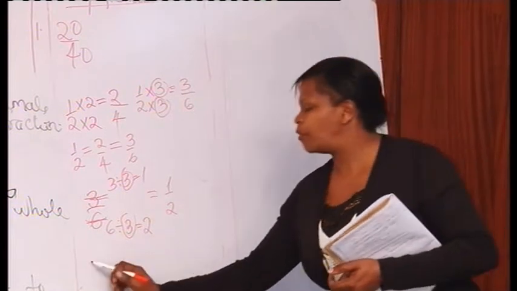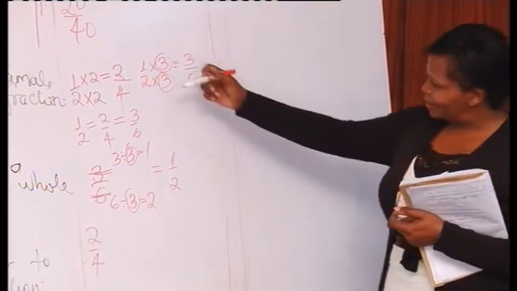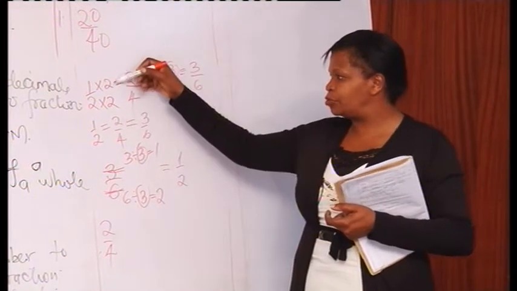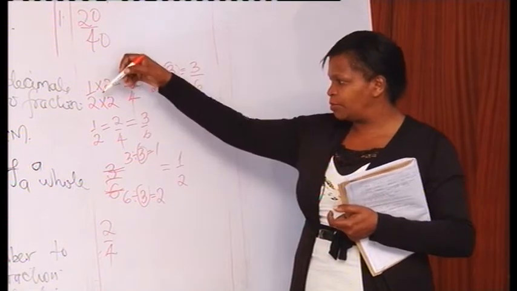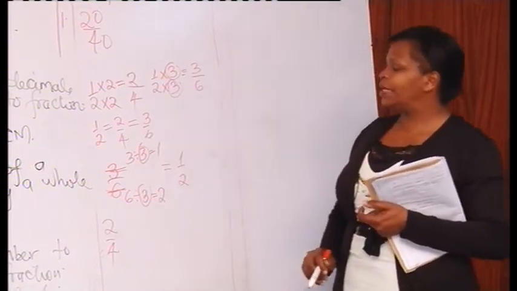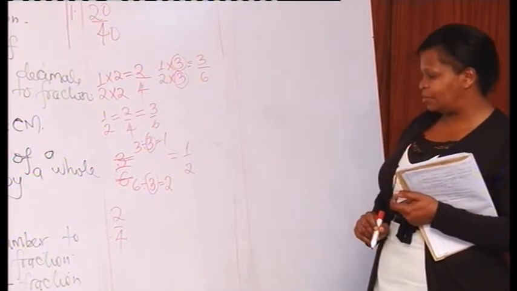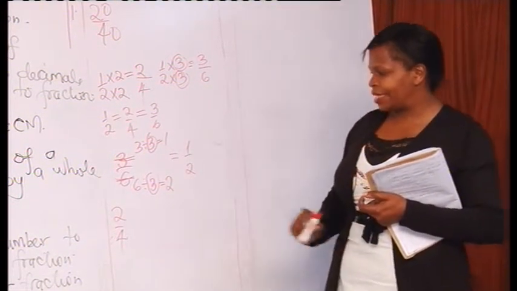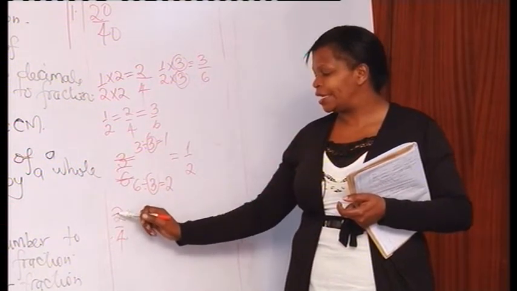What about 2 over 4? I want to simplify. Here initially I multiplied by 2: 1 times 2 to get 2, and 2 times 2 to get 4. So these two numbers, representing the numerator and the denominator, can be divided by a common factor, and my common factor here is 2.